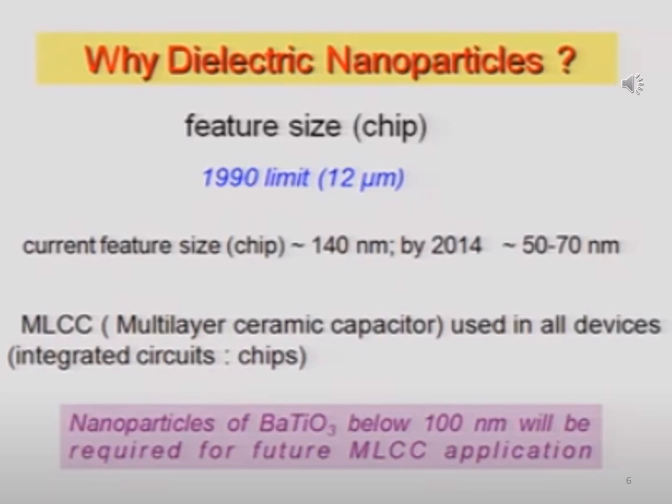So the total number of chips that will be added onto the memory of that device, or whatever the property it is being applied for. If you reduce the size of that chip, you can put many chips in one place, so you can increase the memory of that device by reducing the size.